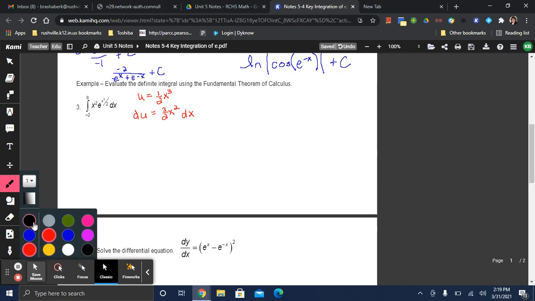So in looking at what we have the integral, and since I'm keeping my x's for the time being, I'm going to go ahead and keep it from -2 to 0 of e to the 1/2 x to the third power. And then I have my x squared dx.